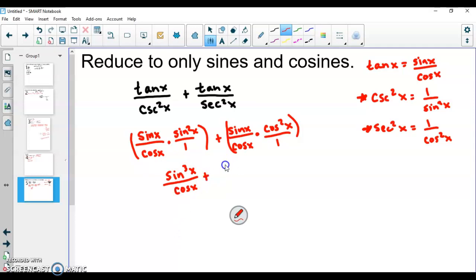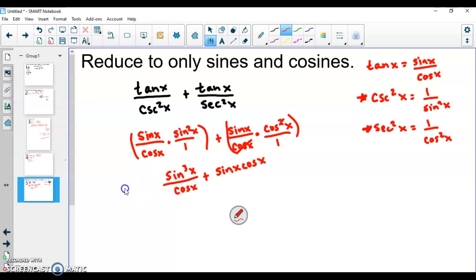And when I come over here, because these are being multiplied together, one of those cosines will take away one of those, and I'll have sine x cosine x. In general, we want to try to avoid having the denominator like that if we can.